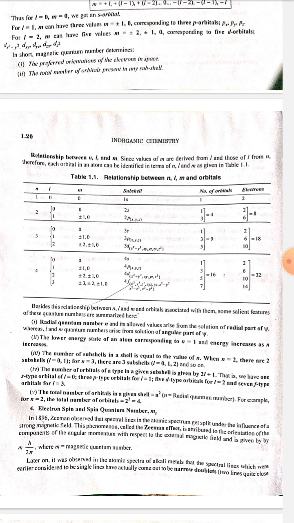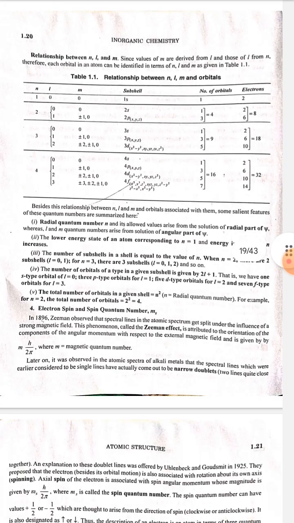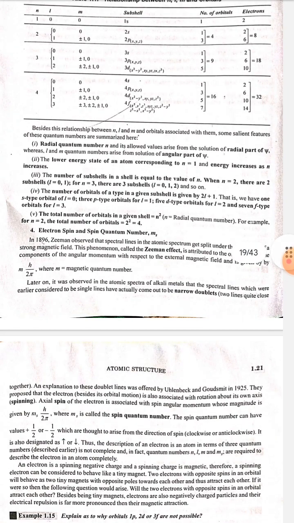Number 5: the total number of orbitals in a given shell is equal to n squared, where n is the principal quantum number. For example, for n equal to 2, the total number of orbitals is 2 to the power 2, which means 4.